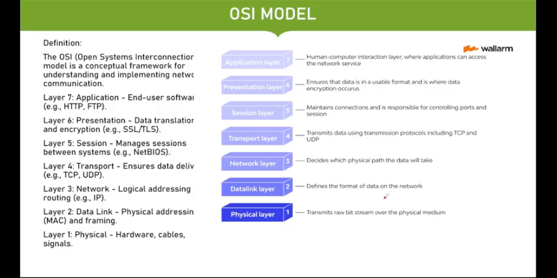There are the physical layer, data link layer, network layer, transport layer, session layer, presentation layer, and application layer. But it was not implemented. It was only a conceptual framework, not implemented in any applications.